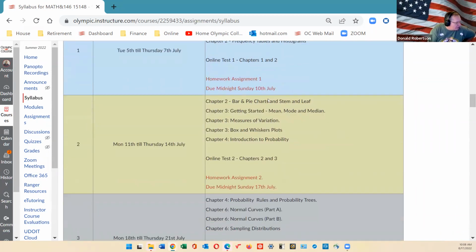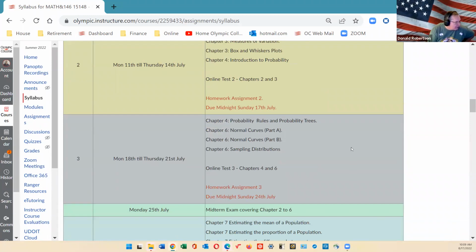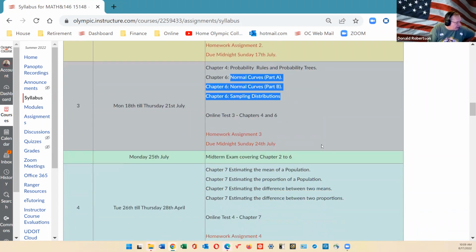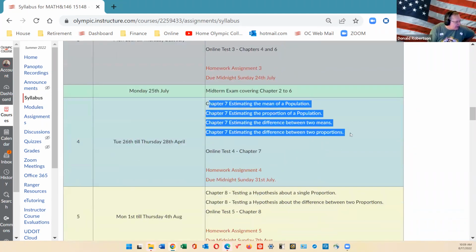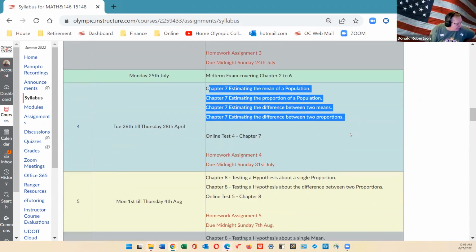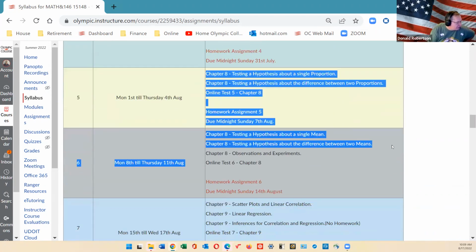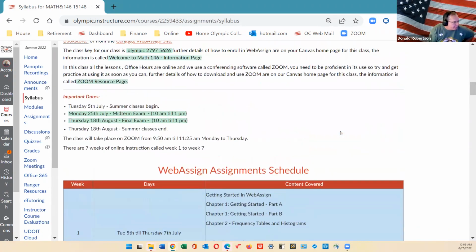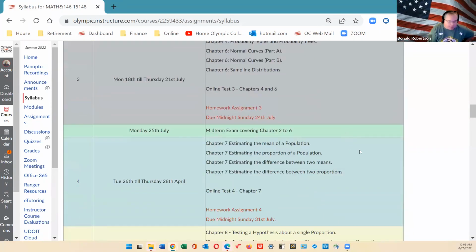Frequency tables, pie charts and stem and leaf, mean, mode and median, standard deviation, 5-figure summary, probability, probability with probability trees, normal distribution, then sampling, finding 90, 95, 99% confidence intervals, hypothesis tests, and regression. And that's it. Anything on that list you want to go over?